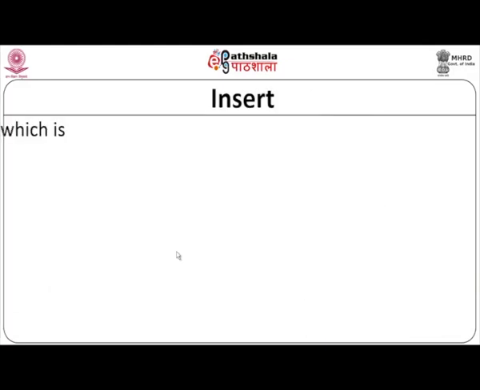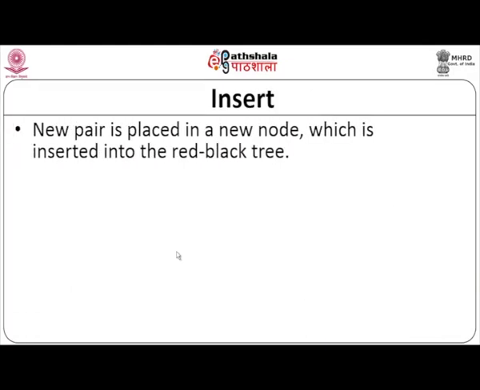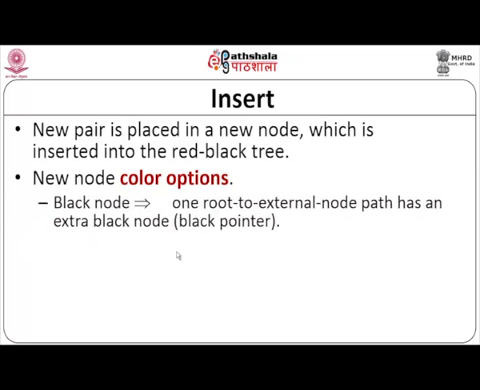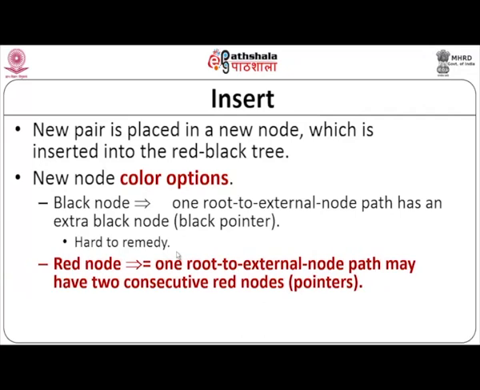Now, insert. A new pair is placed in a new node which is inserted into the red black tree. So, there are color options. If it is a black node, one root to external node path has an extra black node. So, that is a problem. This is hard to remedy. If it is a red node, one root to external path may have two consecutive red nodes.